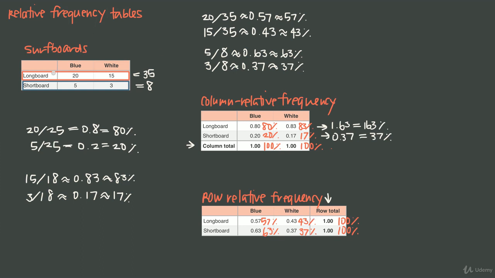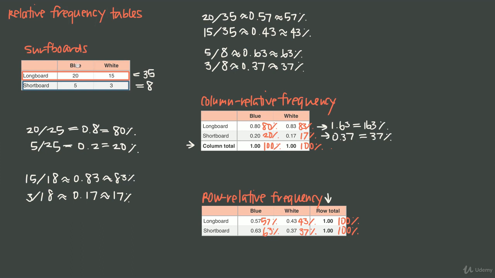So either I calculate across by row, where I find the total for the entire row, and then take the individual value here, 20 or 15, and divide that by 35 to get a percentage across the row. And then I put a row total of 1 or 100% and call it a row relative frequency table.